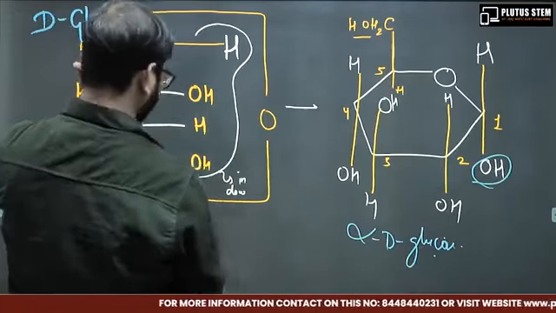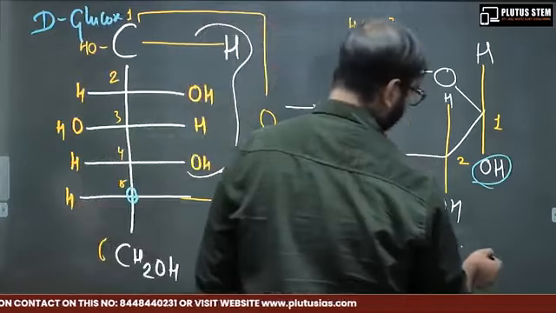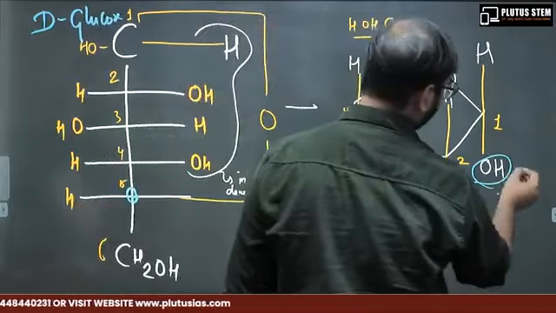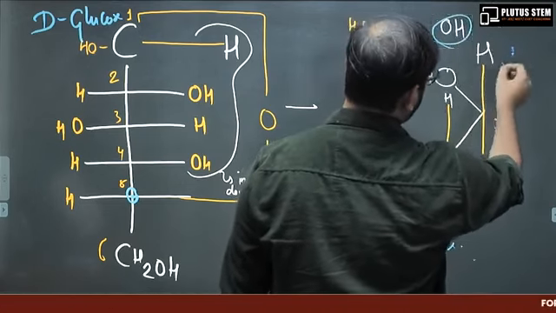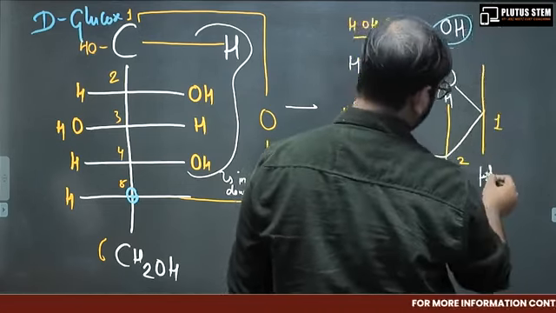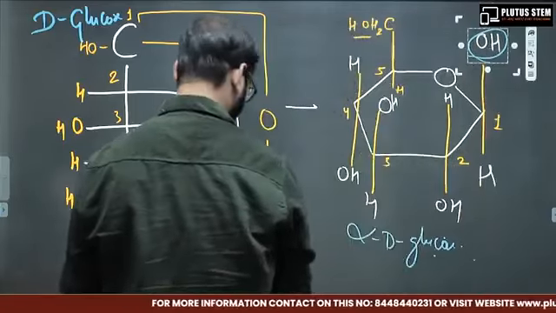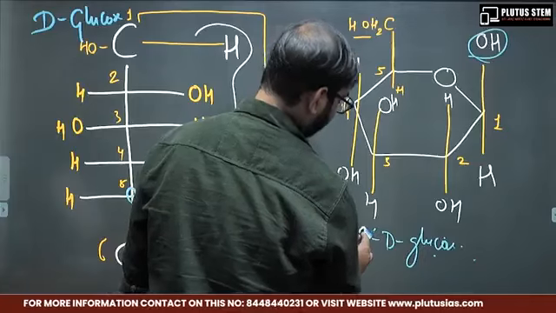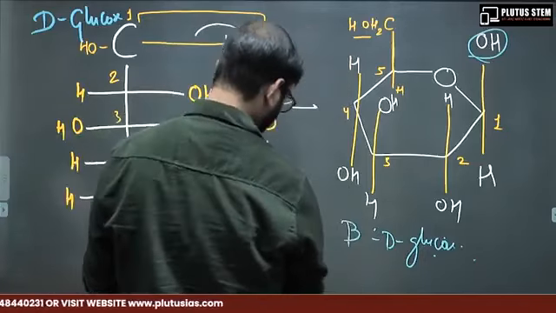So here only the position of hydrogen and OH has changed. So here this OH will now move above the plane of the ring, while this hydrogen will come below the plane of the ring, and the rest of the groups remain exactly the same as they were before. And since the OH is lying outside, it will be called beta D glucose.